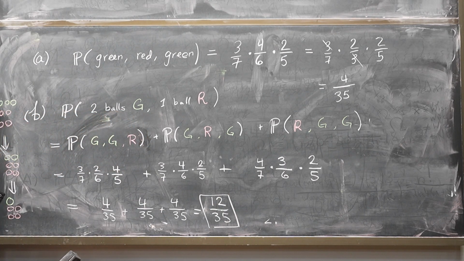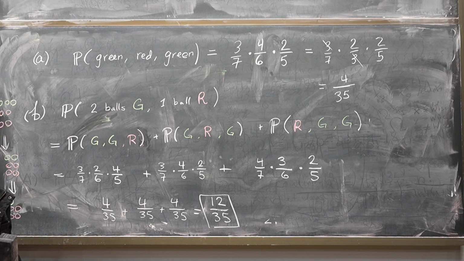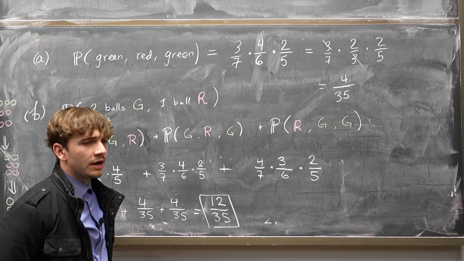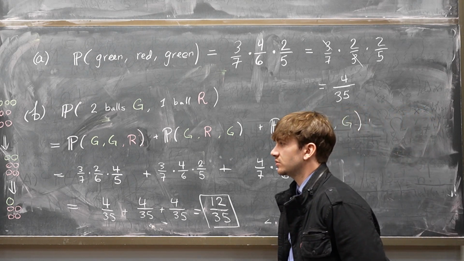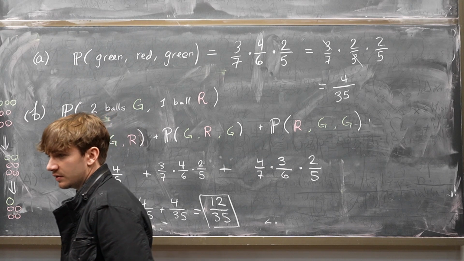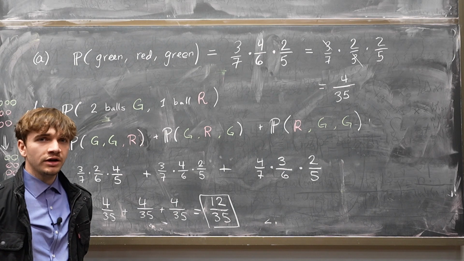Now, before we conclude this video, let's take a moment and think about why these are the same number. That's a little bit weird, right? So intuitively speaking, when I choose a green ball, I am reducing the number of green balls in the urn, and therefore I am increasing the probability of choosing a red ball.